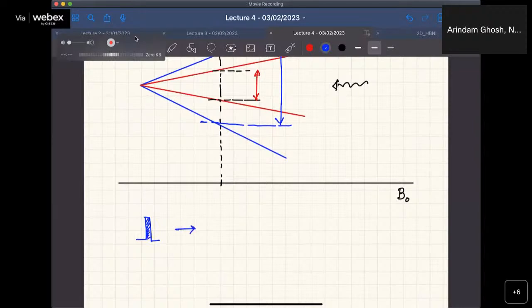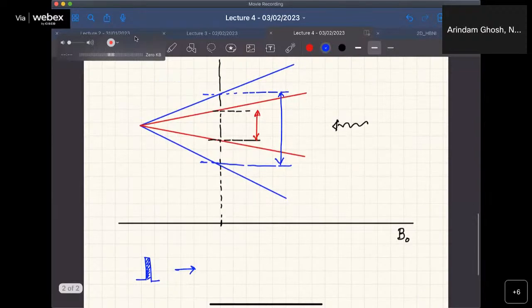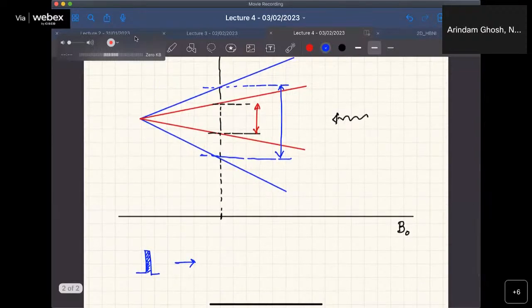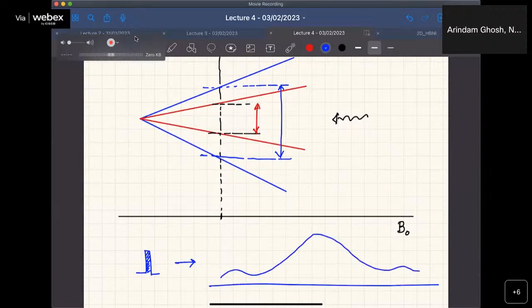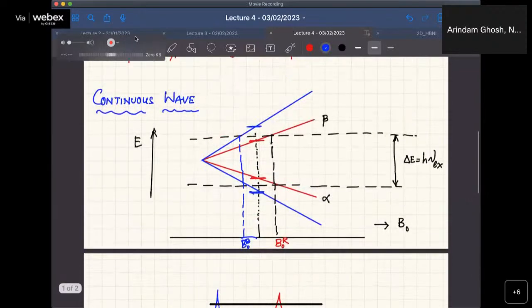And then if you Fourier transform this, you see the different frequencies that make up this energy: it has a wide range of frequencies. There are so many different frequencies. Earlier, the excitation frequency was fixed. I was giving one single frequency, a single energy. So the excitation frequency was fixed and B0 was sweeping.